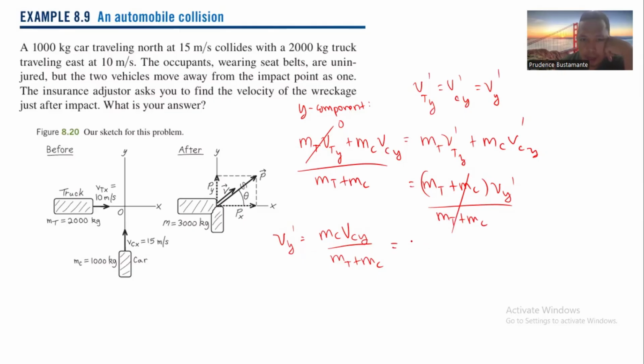So we have the mass of the car, which is 1,000 kilograms, the velocity of the car, 15 meters per second along y, and we have 3,000 kilograms.